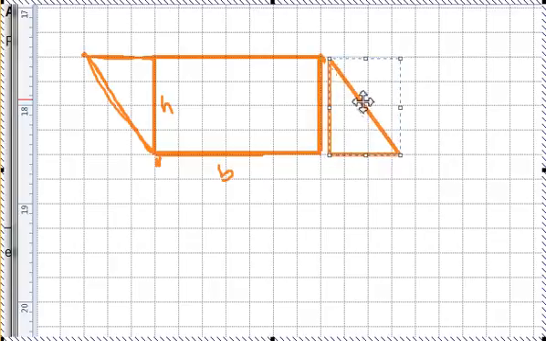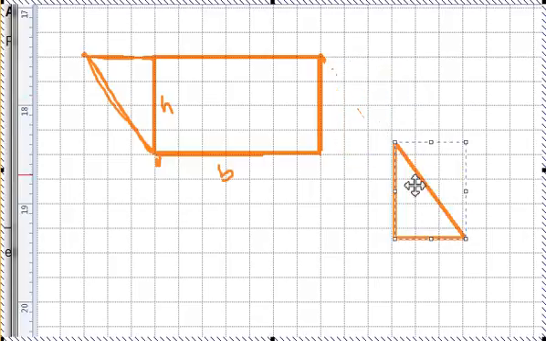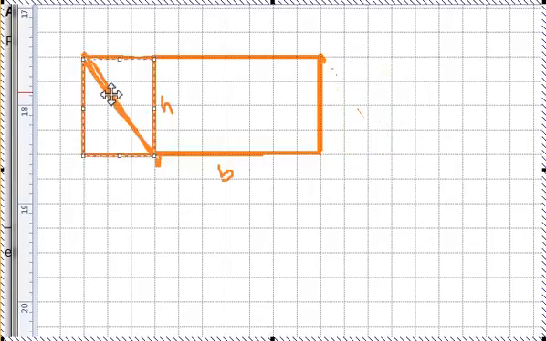So remember, the base is actually this whole length from all the way across here. So I need to move this right here. How's that? So now the base is from here to here, from all the way to the left to all the way to the right. Hey, how would I find the area of that thing?